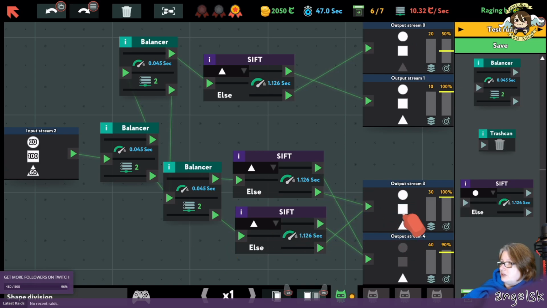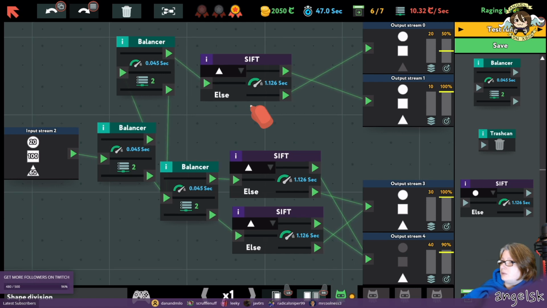So this is getting a lot. So, triangle. Triangle. Oh, it's getting all the triangles. We can do one more node.